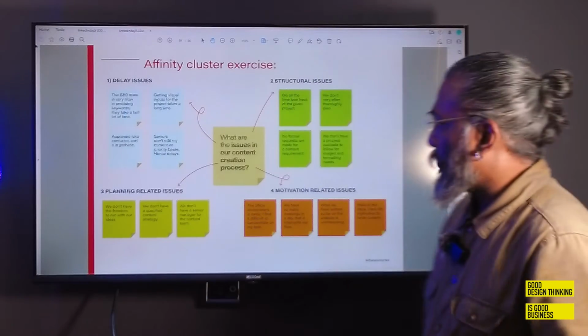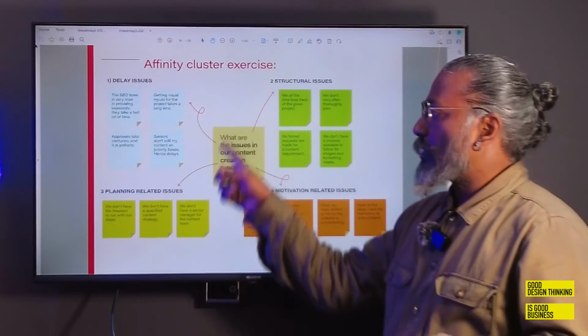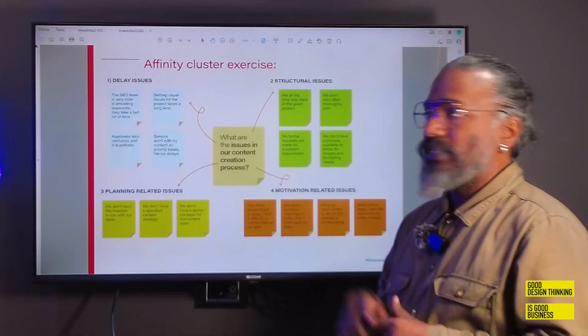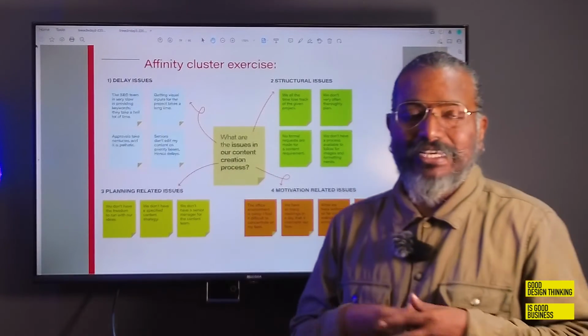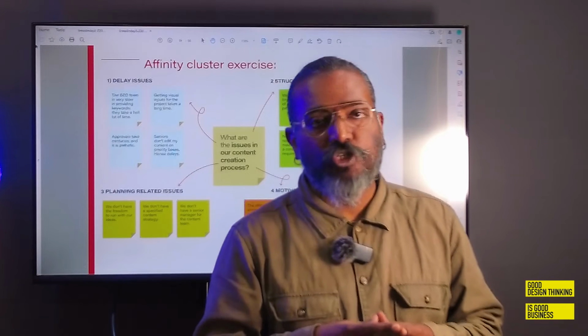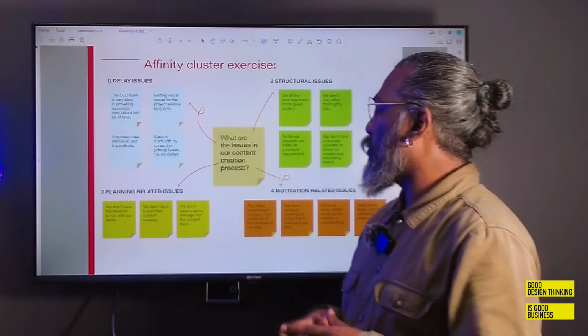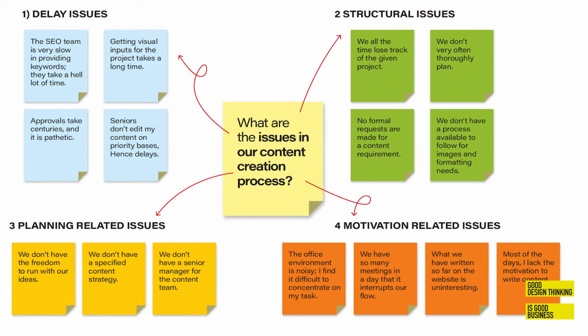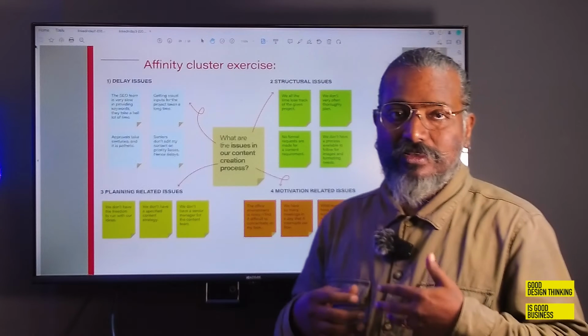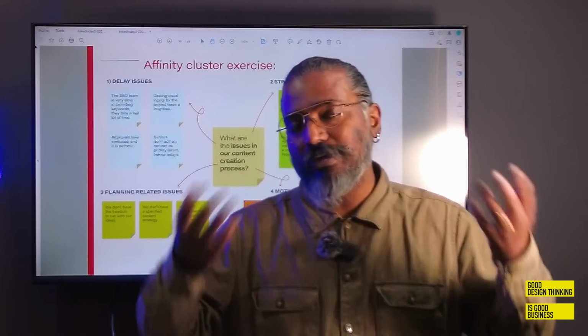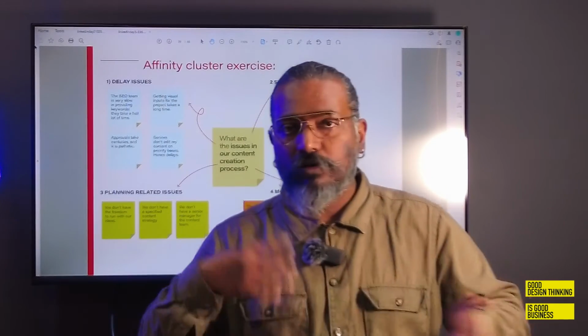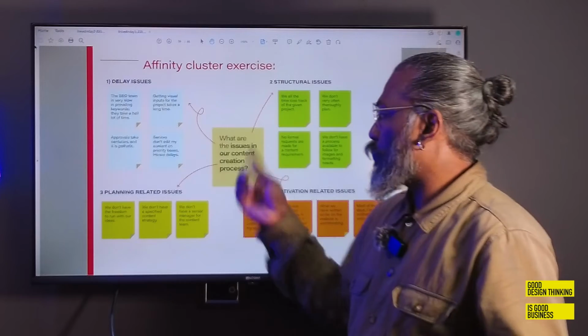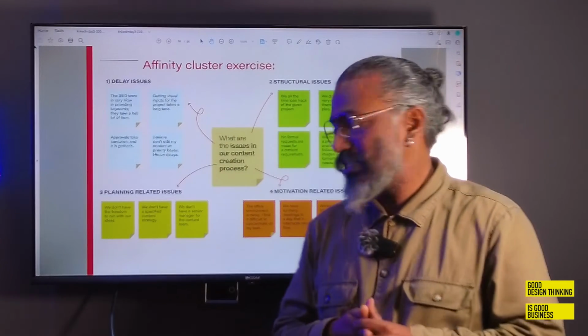So what happened? Our brainstorming session started with asking the simple question, what are the issues in our content creation process? And we got like 16, 17 pointers, like everybody expressed their issues regarding this particular aspect.